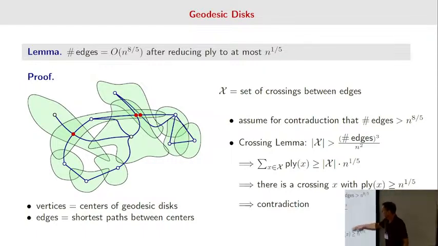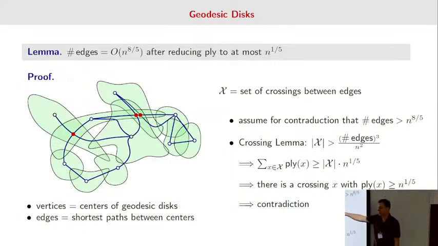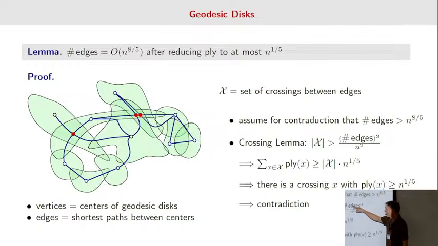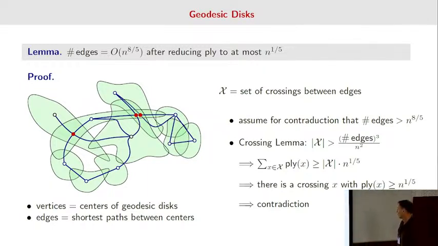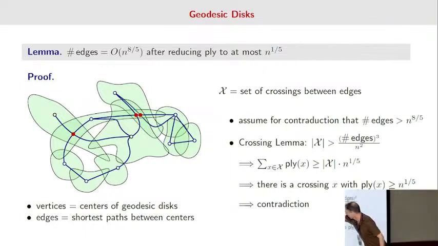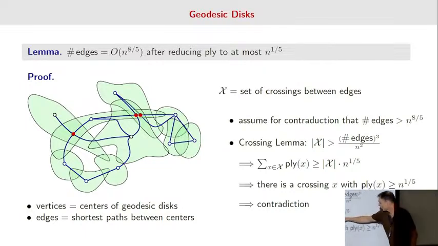And first of all, because of the crossing lemma, I know that the number of crossings is at least the number of edges cubed divided by n squared. Or in other words, this puts an upper bound on the number of edges in terms of the number of crossings. So then I'm going to show that the total ply is at least the number of crossings times this. And that's a crucial step.